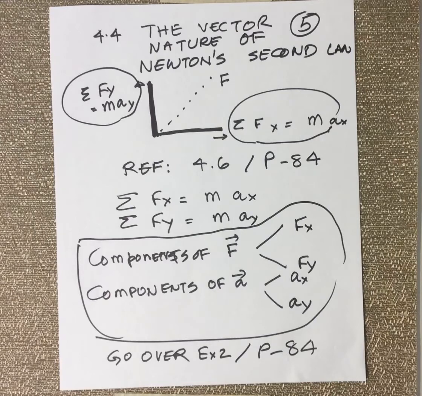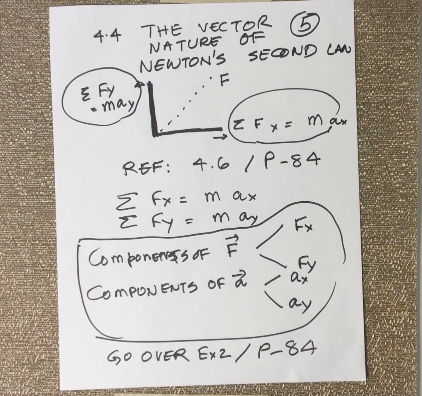That means whatever the mass is, you multiply by the acceleration in the direction of x. Let's say you have a bunch of forces, so individually you add them all to make the total in the direction of x, similar to what you did in the component method of adding in the first chapter. Now Fy is mass times acceleration in the direction of y, as you see in this figure.